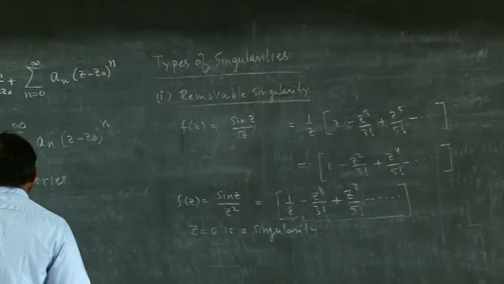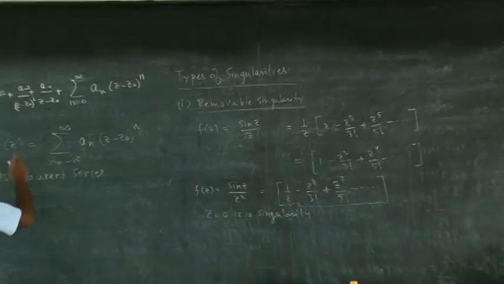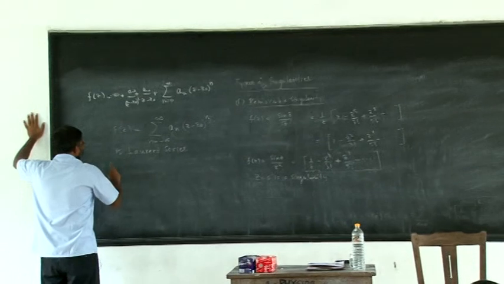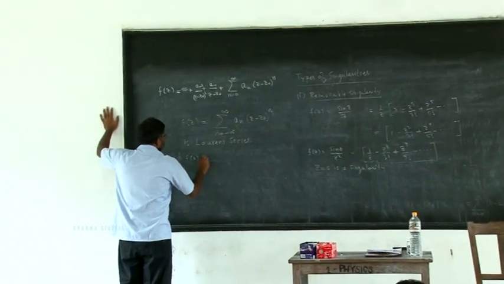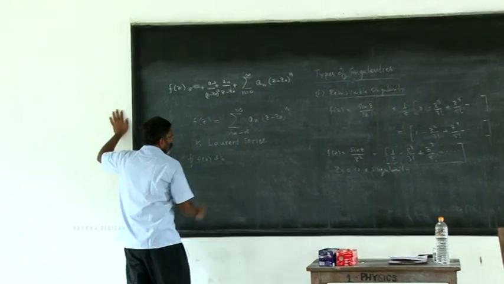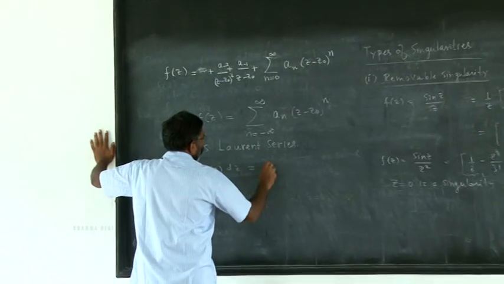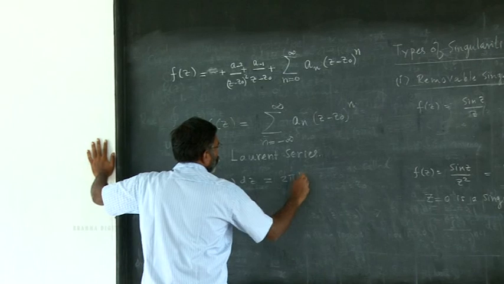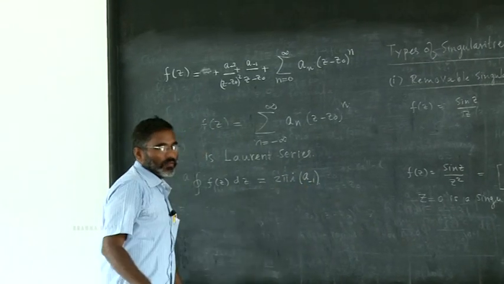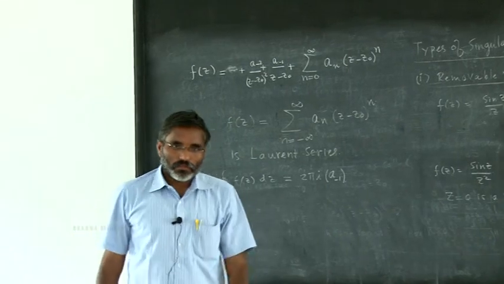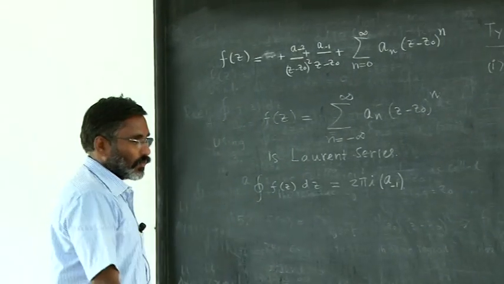And as I have shown you here, once you write this Laurent series, the integral over a closed curve of f of z dz is nothing but 2 pi i into a minus 1, the coefficient of 1 over z.